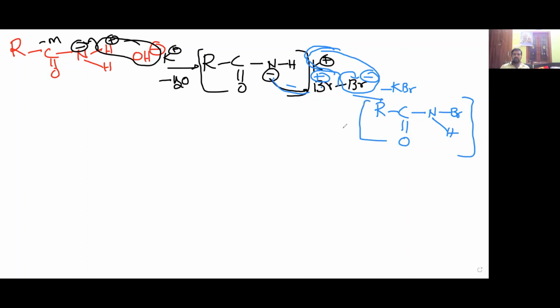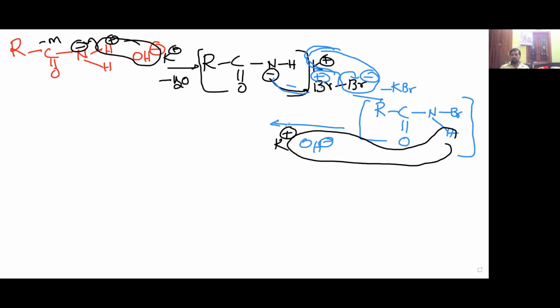Next, again you added base. So base again abstracting the acidic hydrogen. You added KOH again. Then the bond shifted towards the nitrogen side, nitrogen getting negative, hydrogen getting positive, H and OH is eliminated.